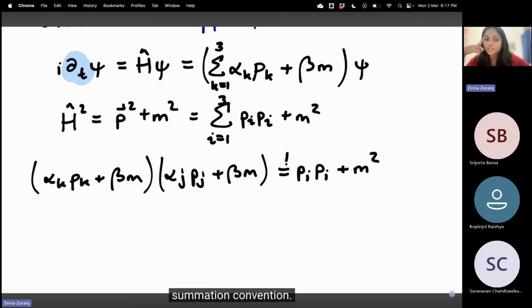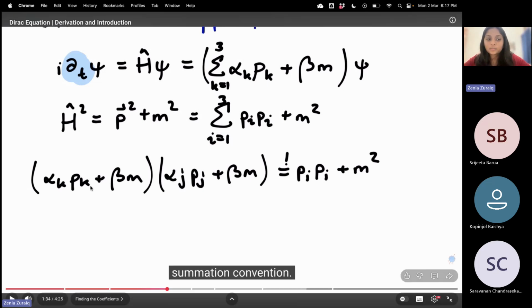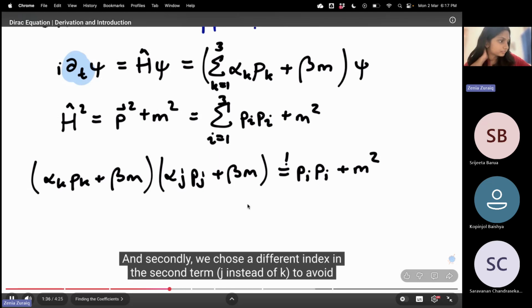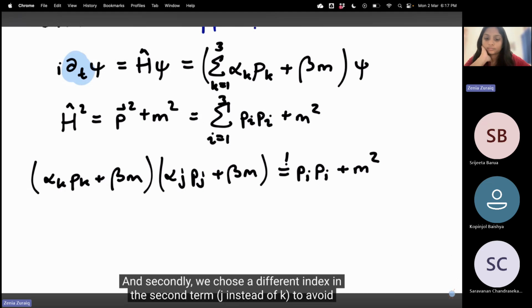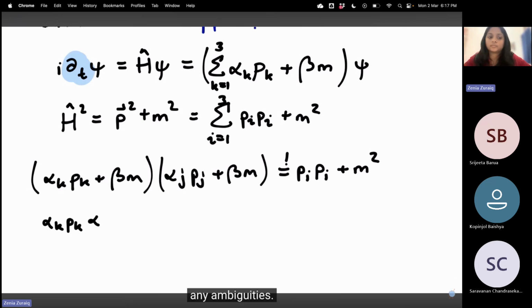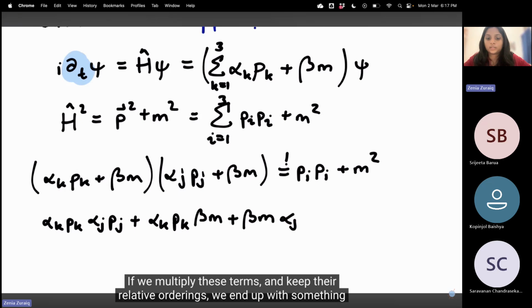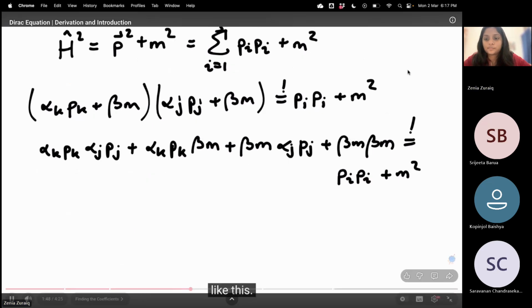So alpha_k p_k actually means alpha 1 p1 plus alpha 2 p2 plus alpha 3 p3. Secondly, we chose a different index in the second term, j instead of k, to avoid any ambiguity. If we multiply these terms and keep their relative orderings, we end up with something like this.